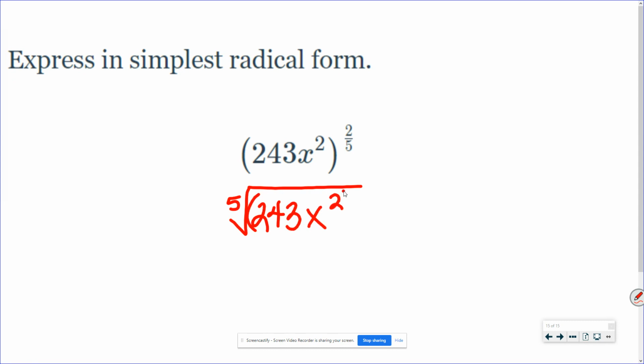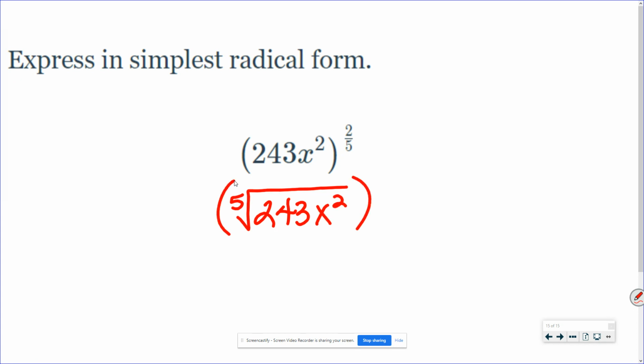And then all of this here is getting raised to the second power. Sorry, I want to rewrite this a little bit nicer. I'm going to rewrite it with the second power on the outside. Remember, you have the option to throw it on the inside. It doesn't matter at all.